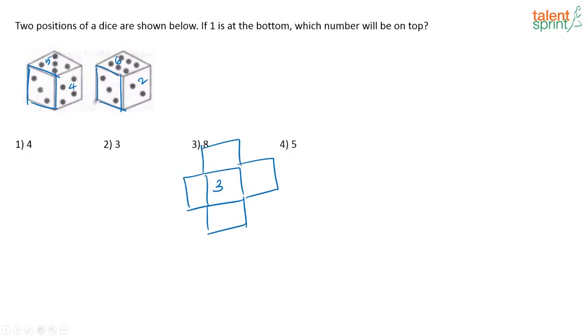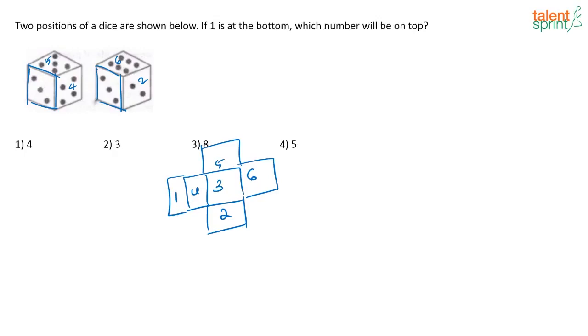I am just opening the dice now and keeping. If this is the case, this face 3's adjacent faces are 6, 2, 4 and 5. So which should be opposite to 3? The one that is opposite to 3 has to be the face 1. If you actually open it, this would be face 1. It will go to the bottom of the face 3.